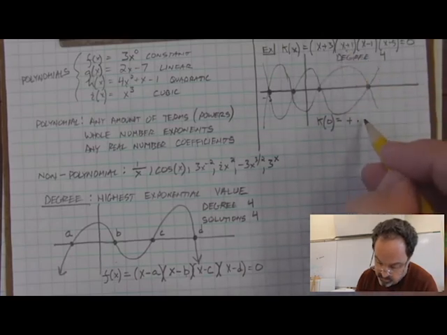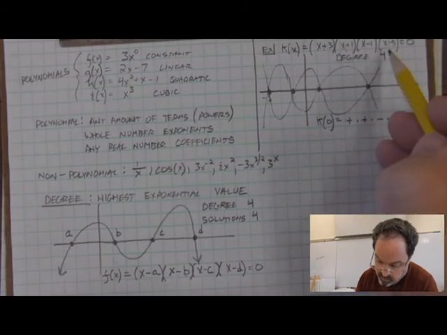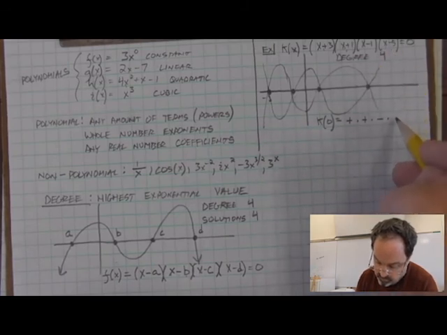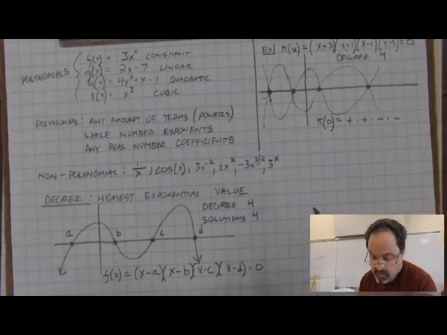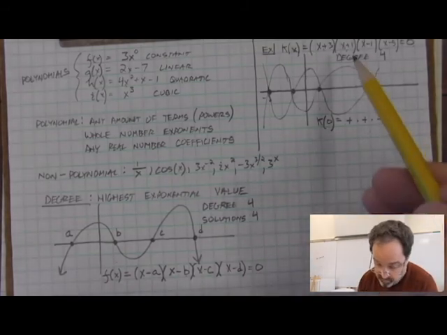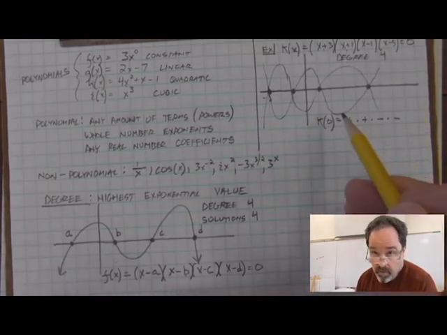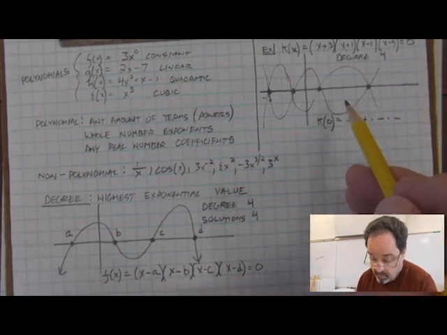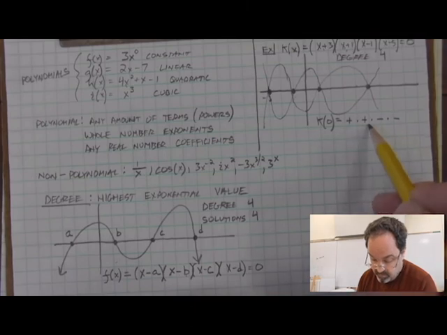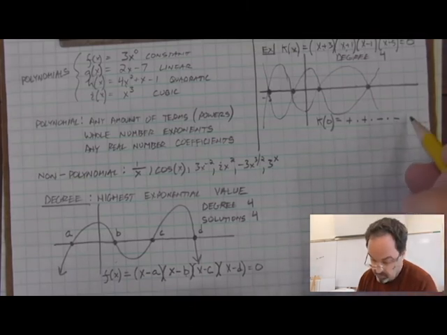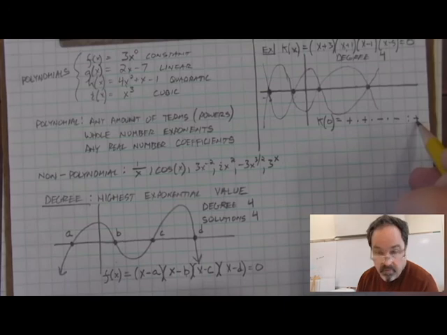So if I put 0 into here, I'm going to have a positive number. 0 plus 1 is going to be a positive number. 0 minus 1 will be a negative number. And putting 0 into this factor will produce another negative number. So without knowing what these values are, I could multiply the values, but what I care about is whether I end up with a positive or negative number. When I multiply 2 positives and 2 negatives, I will end up with a positive value.